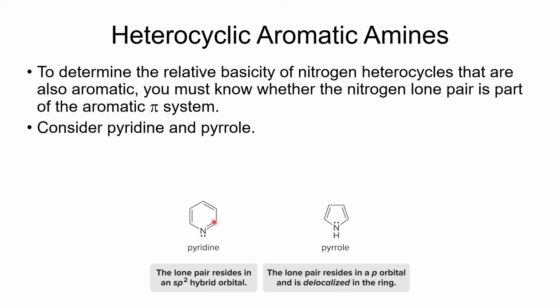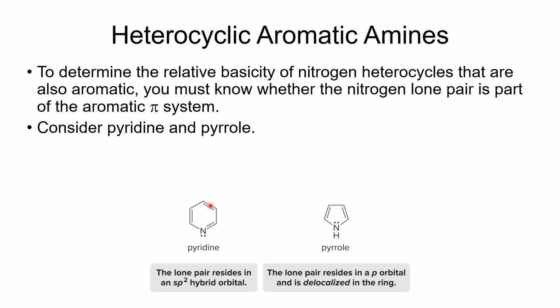Pyridine, if you look at the double bonds, will account for 6 electrons. Those electrons in the p orbitals will account for the aromaticity. As you recall from the chapter on aromaticity, we need the 4n plus 2 pi electrons, so either 2, 6, 10, and so on. This one has 6 there. That means this lone pair is not needed for the aromatic ring, and in fact, that lone pair doesn't interact with the pi system at all.